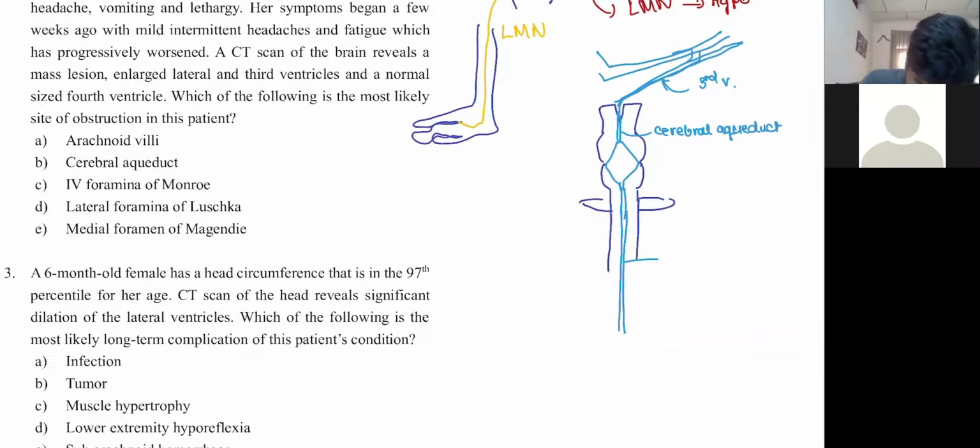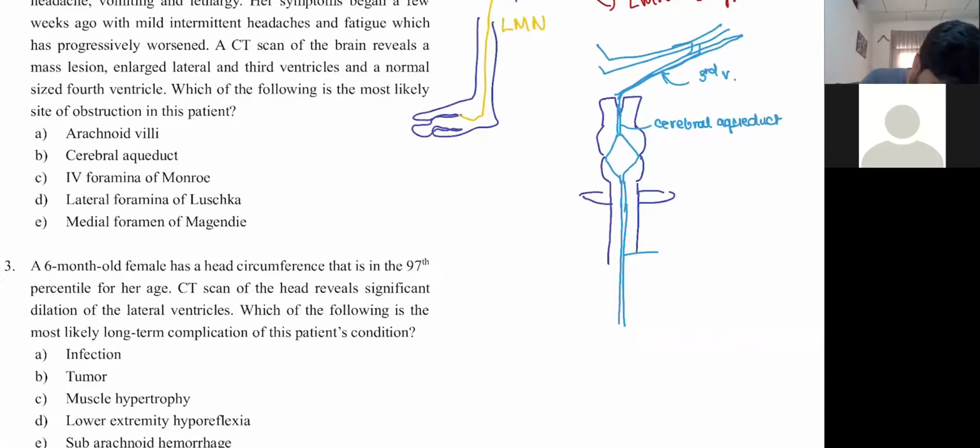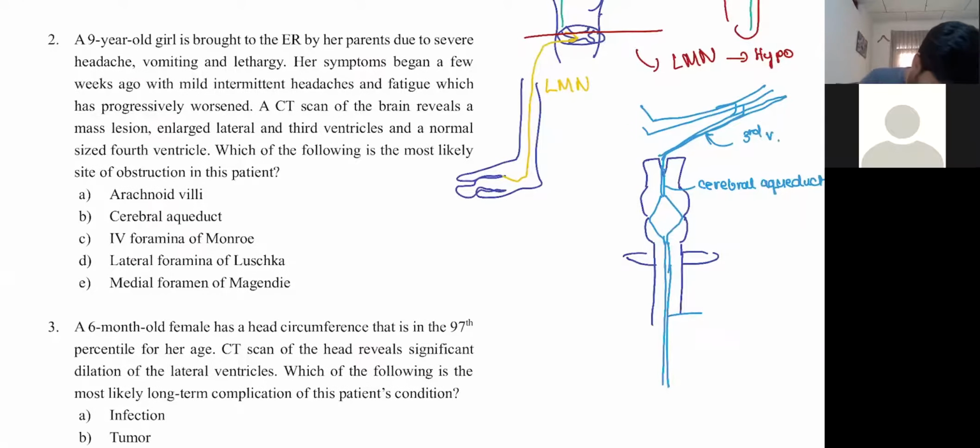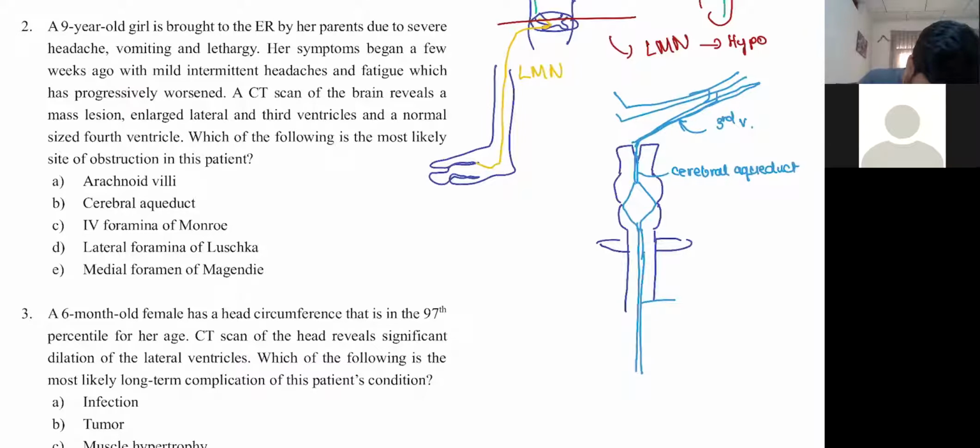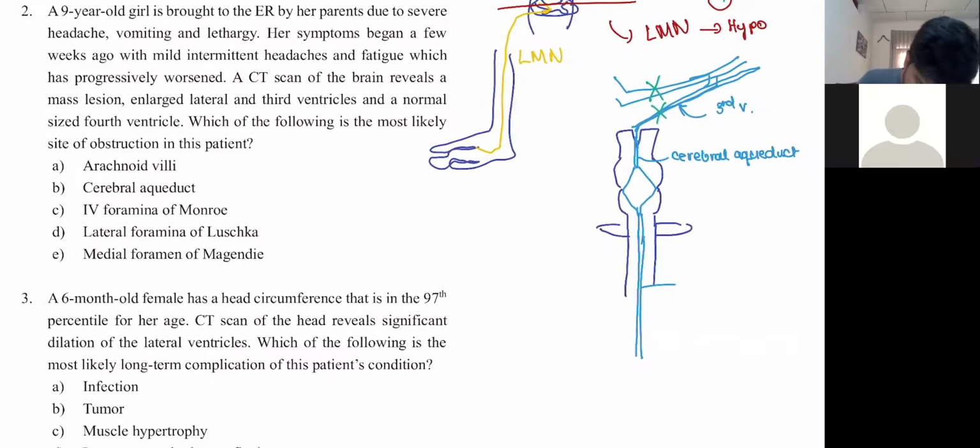Okay, so in this question they have told that there is a mass lesion causing these to be enlarged, and sorry guys, one thing, the drainage is from top to bottom. Just remember it like this till we discuss this. The drainage is from top to bottom.